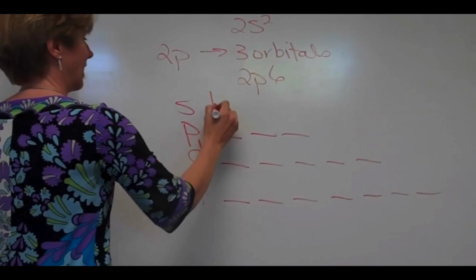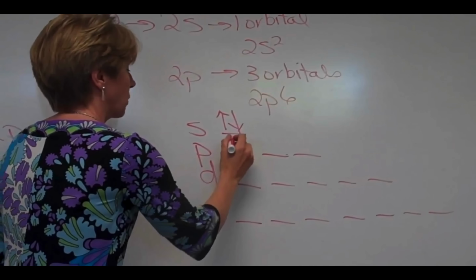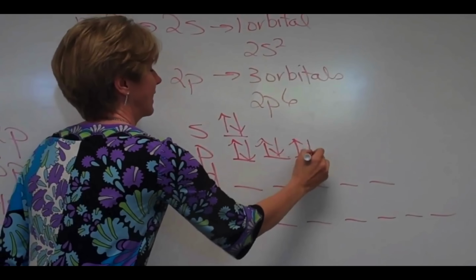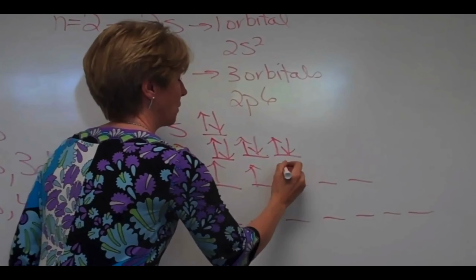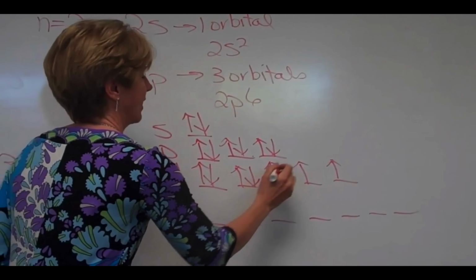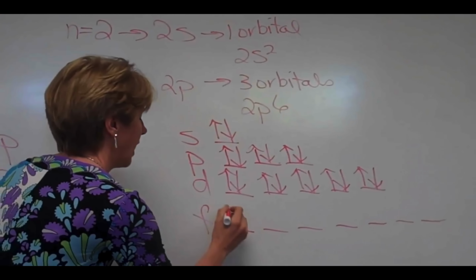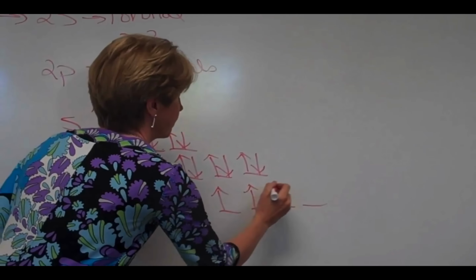So let's do it. Okay? S. Up, down. Let's do P. They don't pair until they have to. Remember this? D. They don't pair until they have to. Empty seat on the bus principle, right? F. They don't pair until they have to.